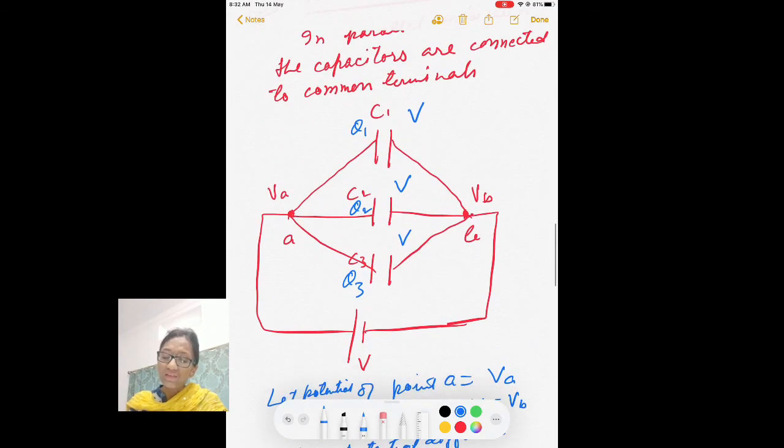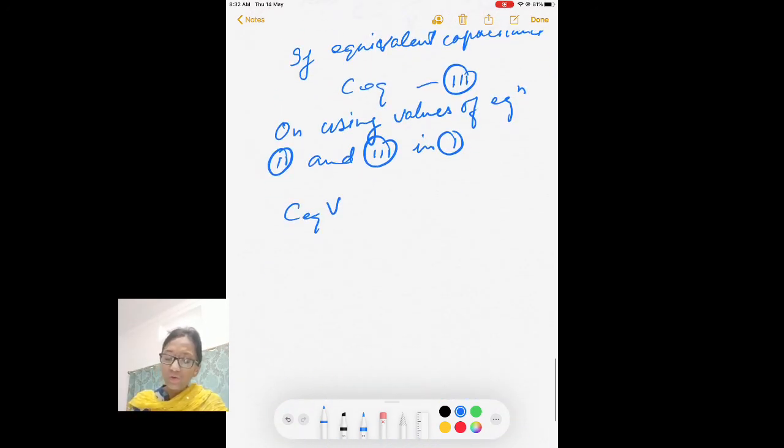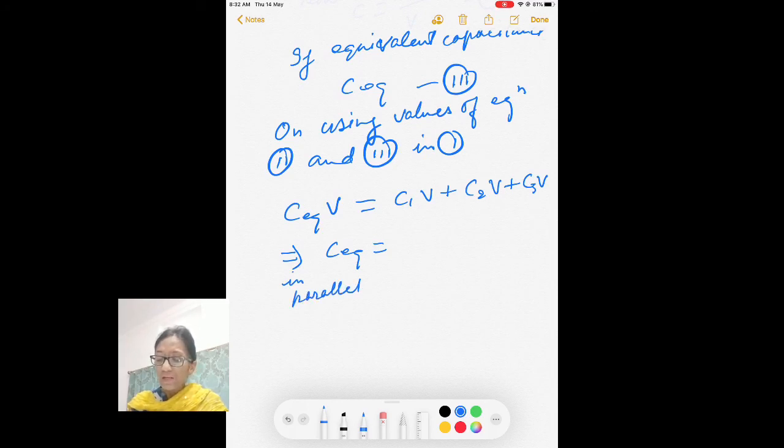All the capacitors connected in parallel have the same potential difference. So we write C equivalent V is equal to C1V plus C2V plus C3V. It implies that C equivalent, in parallel, is equal to C1 plus C2 plus C3.